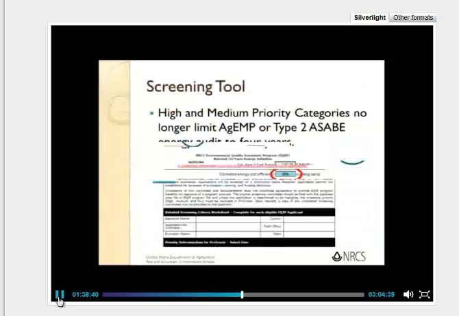The screening tool, there's only, I think, one thing that's been changed here, and if you remember last year, there were statements for high and medium priorities that said that the Ag EMP needed to be 4 years or less.